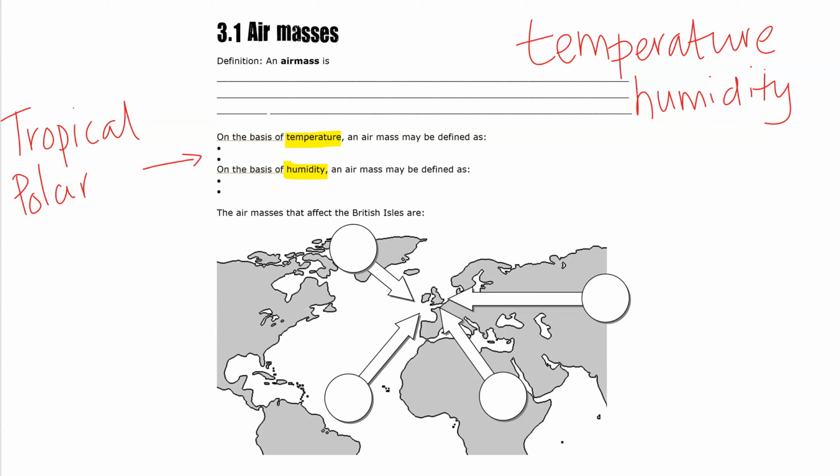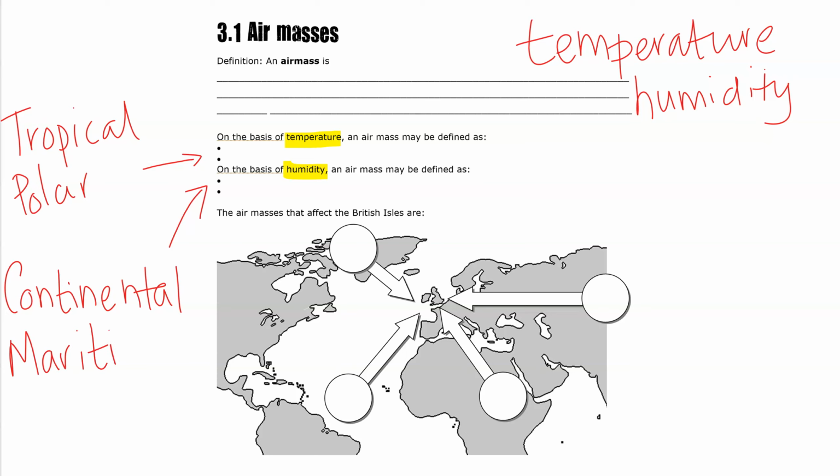They go in there. On the basis of humidity, it may be continental, as coming from the continent, and therefore is a dry air mass. And the last one is maritime.